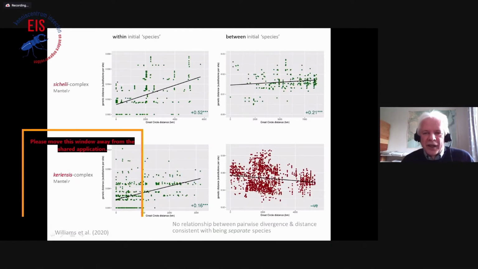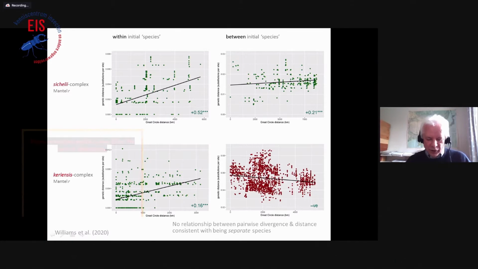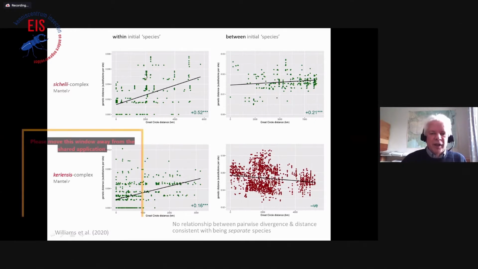There's another aspect of these data which is quite interesting in relation to whether or not these are one or more species. If we look at the relationship between the distance that two sequences were taken and the divergence between those sequences, within a single population of a single species, we expect there normally to be a positive relationship between these two things.